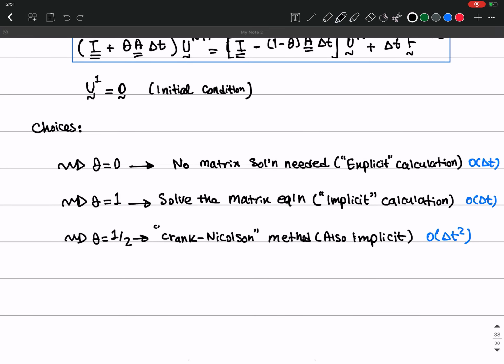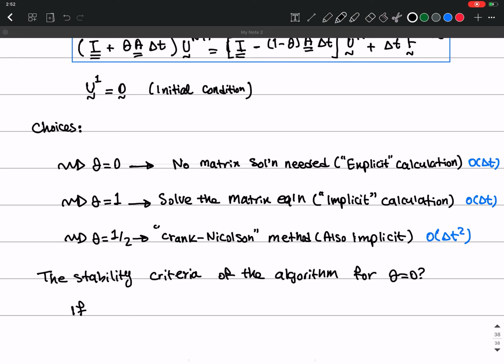What is the stability criteria of the algorithm for theta equals 0? It's a conditional stability, and I just write it down so you see how that works.